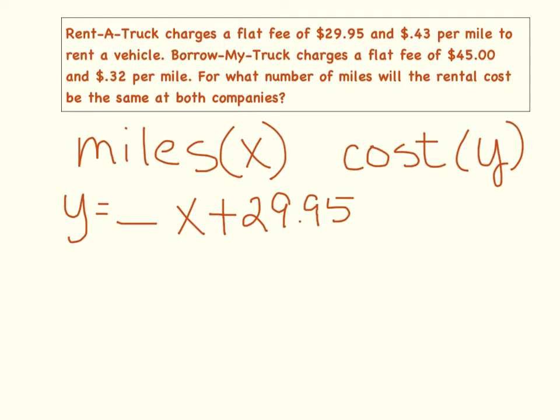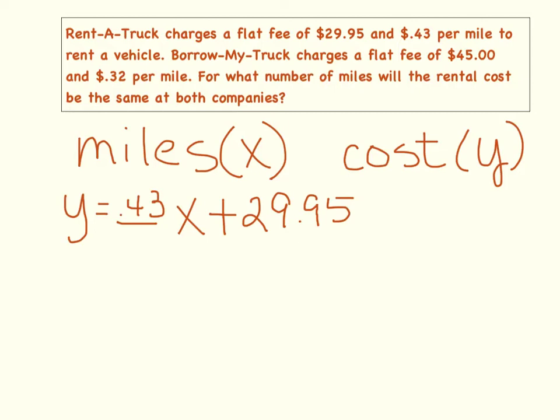So what would go in place of my blank that I've put right here? How many cents per mile is it? It's 43 cents per mile. So there you go. We've just written the first equation. Y equals 43 cents times x, the number of miles the vehicle will be driven, plus the flat rate of $29.95. Now that we've set up the first one, let's set up the second one.